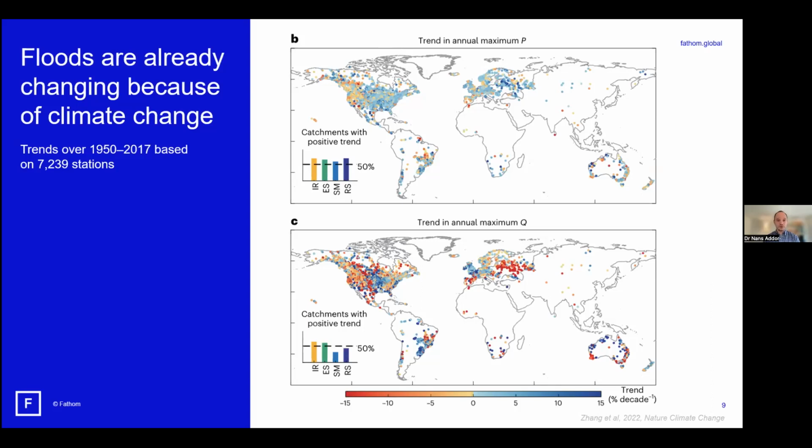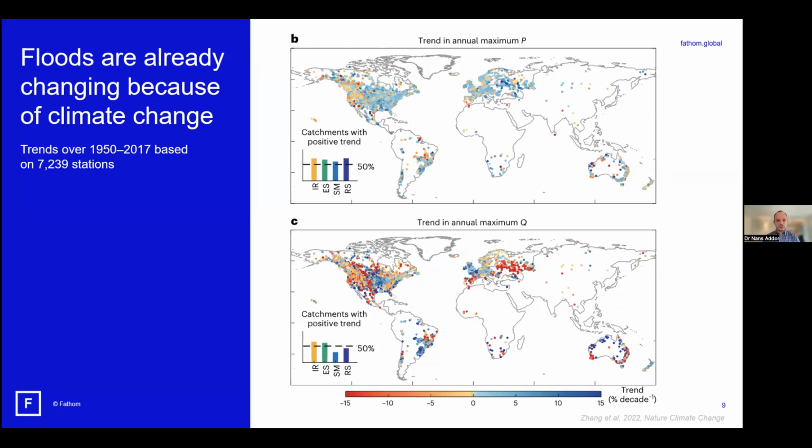So if you focus just on Eastern Europe that we just talked about, you see that there is an increase in the intensity of extreme rainfall events, the blue dots, but this does not result in an increase in annual maximum flow. Actually, flood peaks are becoming smaller in Eastern Europe. So there can be very different responses of precipitation and flow to a change in climate.